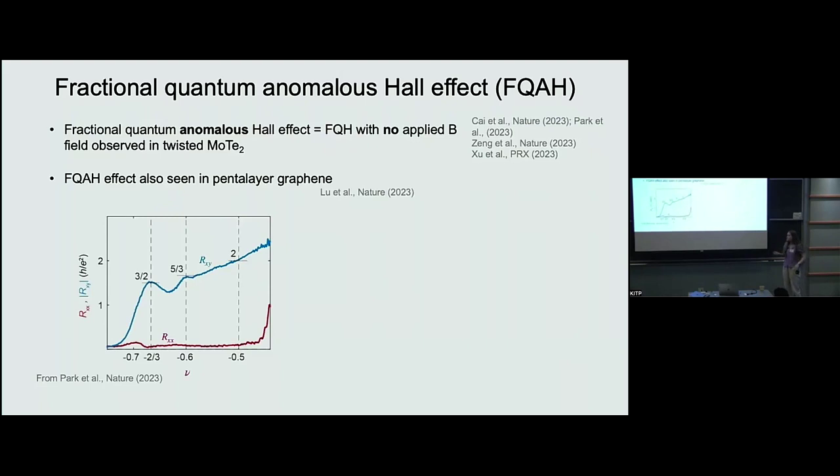So here is a figure from the transport experiment from the Washington group, plotting the resistance as a function of the filling factor nu. And you see here at 2/3 and 3/5, they have these little plateaus, which they show give very well quantized Hall resistance.